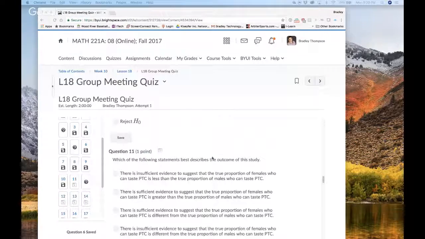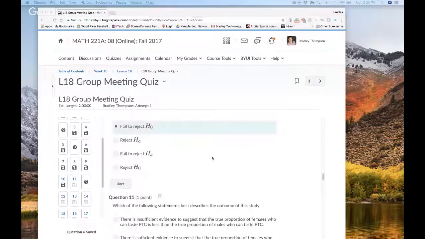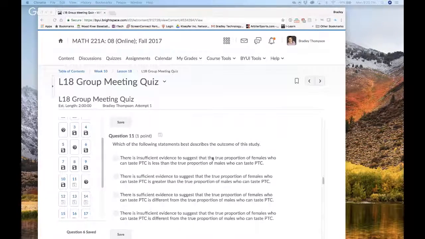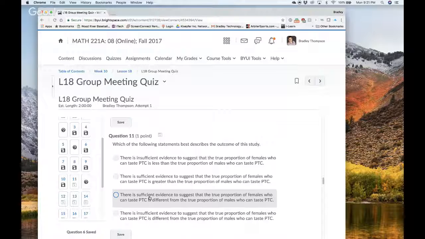So we fail to reject the null, which means we conclude that it's not different, or in other words, it's the same. Right. There is sufficient evidence to suggest that the true proportion of females who can taste PTC is different from the true proportion of male PTC. Is that D?